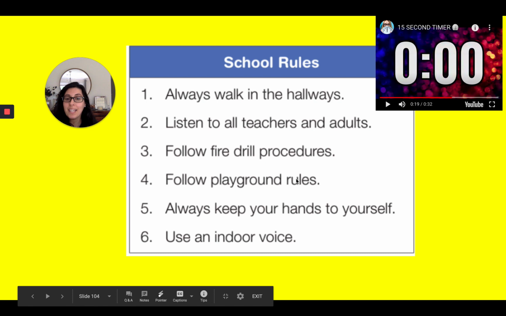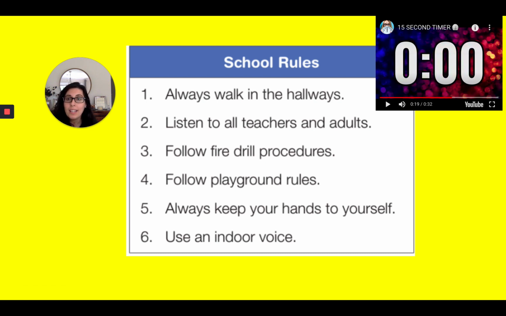1, 2, 3, eyes on me. All right, so when we're on the playground, we need to make sure that we follow rules. Like if somebody gets hurt, tell a teacher, right? Because we want everybody to stay safe. And also, we want to make sure that we have our masks on and that we keep social distance to keep ourselves and others safe.